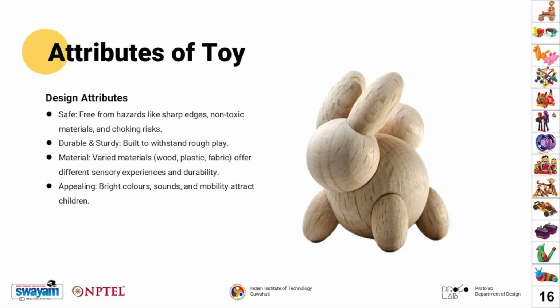Different materials such as wood, plastic, and fabric offer varied sensory experiences and levels of durability. Toys are also visually and sensorily appealing. Bright colors, sounds, and movement help attract and hold a child's attention.